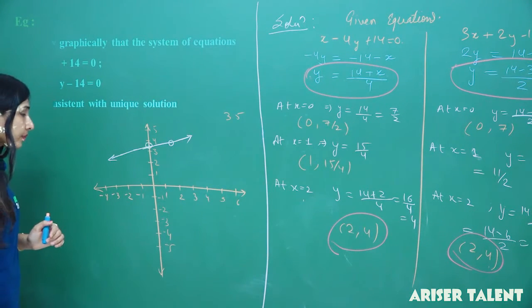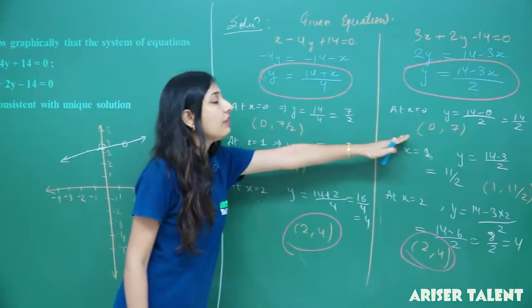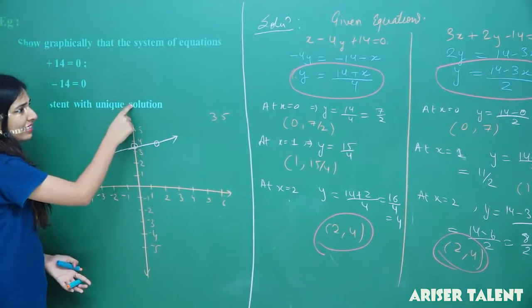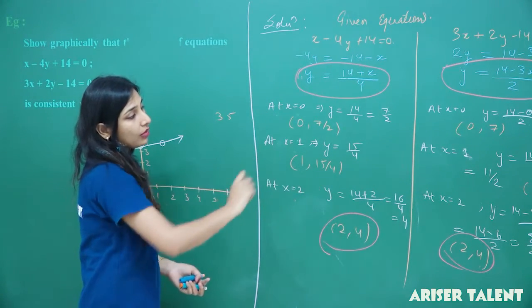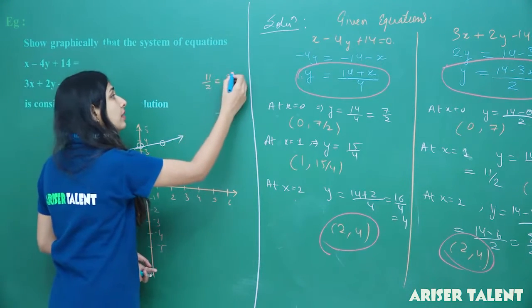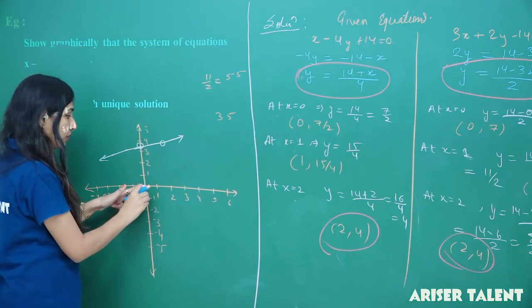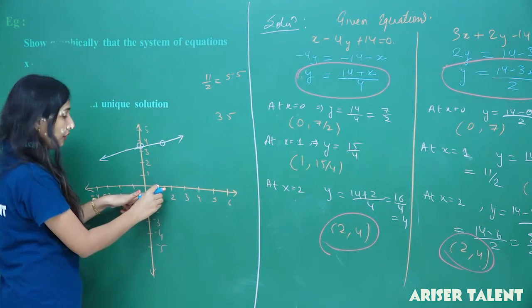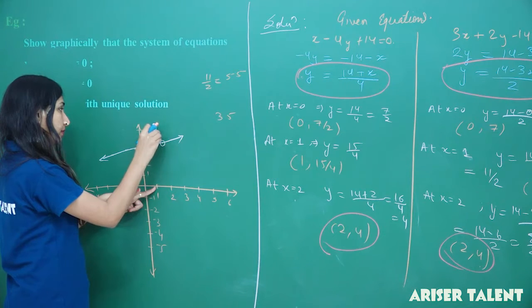Now, students, what I am having at this point, at 0 the value is 7, something like that. So, I will not consider that. At 1 the point, the second value is 11 by 2. Now, what is 11 by 2? 11 by 2 is nothing but 5.5. Okay. So, at x equals to 1, the value is 5.5. So, 5 is here. So, 5.5 will be there, right.